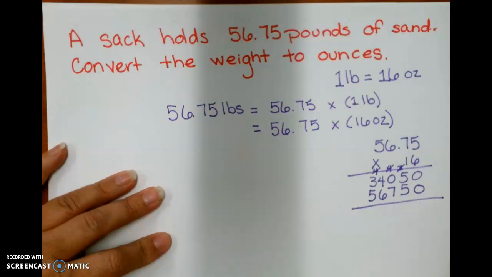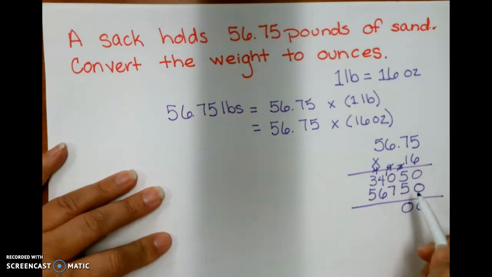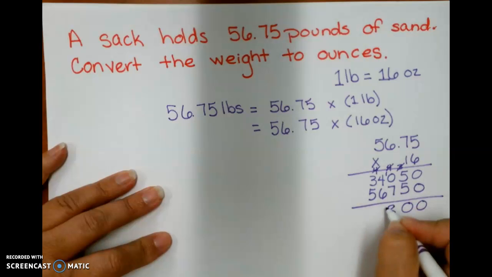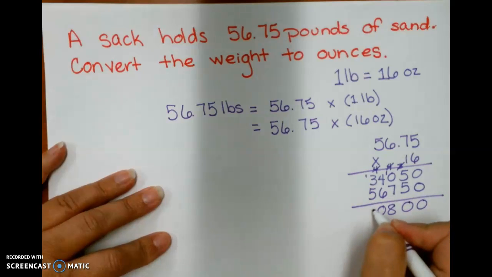Now, 0 plus 0 is 0. 5 plus 5 is 10. Regroup the 1. 1 plus 0 is 1, plus 7 is 8. 6 plus 4 is 10, regroup my 1. 1 plus 3 is 4, plus 5 is 9.